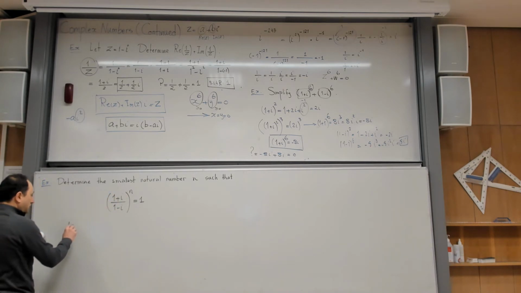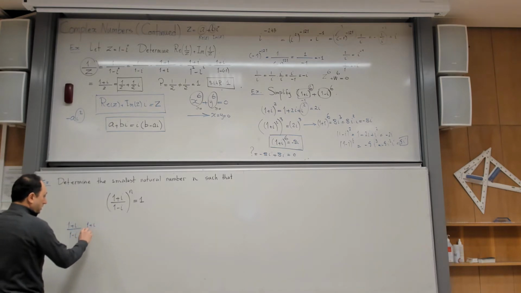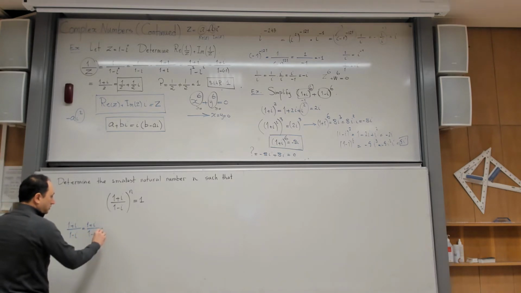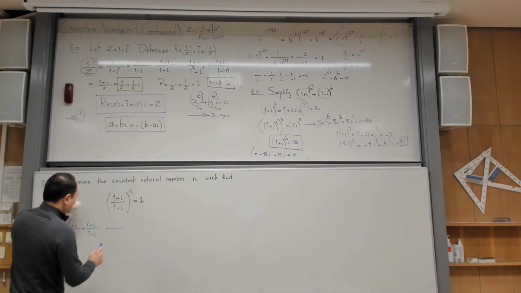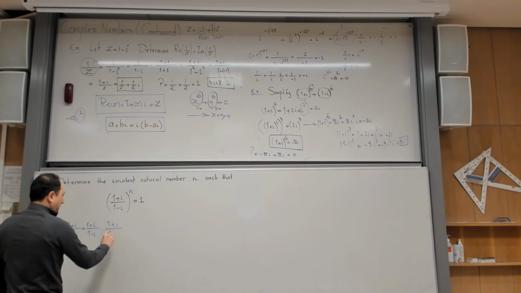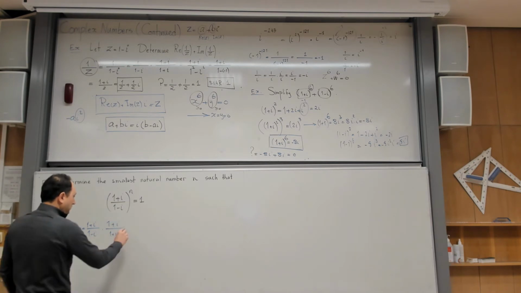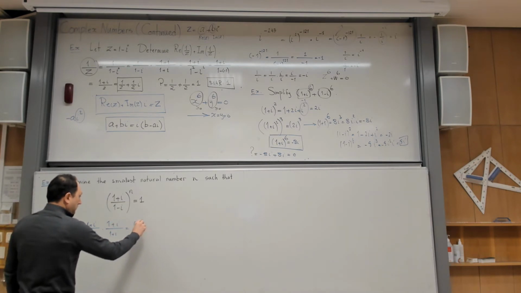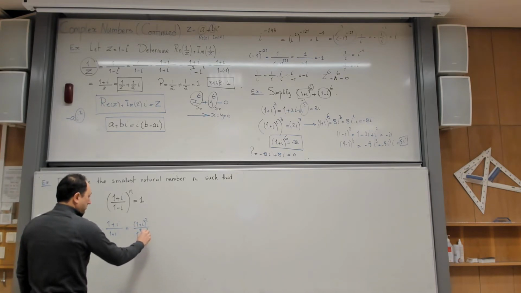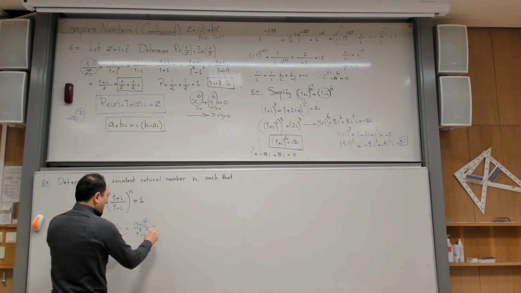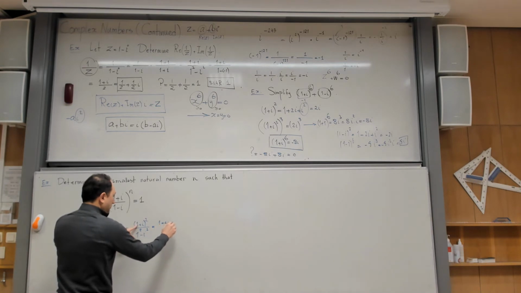So (1 + i) over (1 - i) can be written as (1 + i) over (1 - i). Then you have to multiply it by (1 + i) divided by (1 + i). But then we realize that the numerator becomes (1 + i) squared, and the denominator becomes 1 squared minus i squared, yes? But this is exactly what we did, so let me just do it quickly.